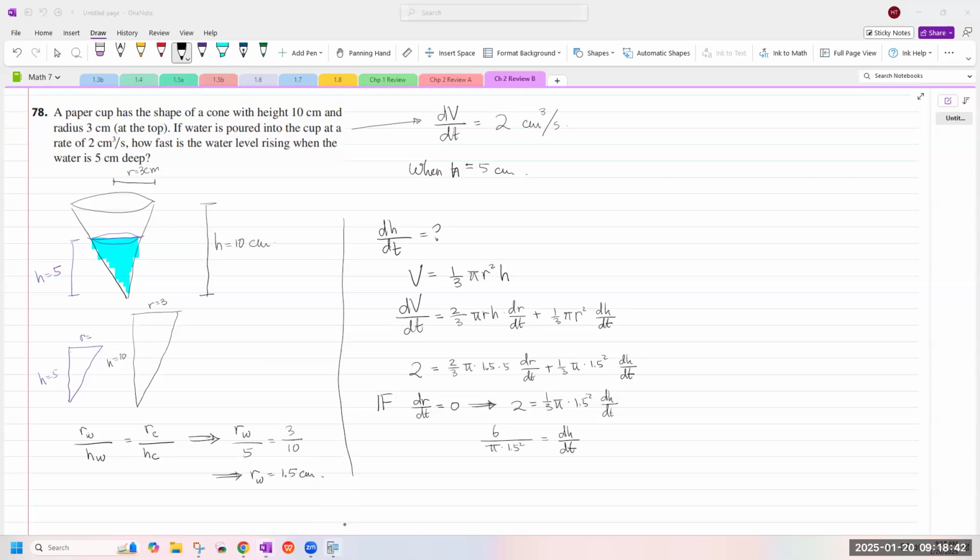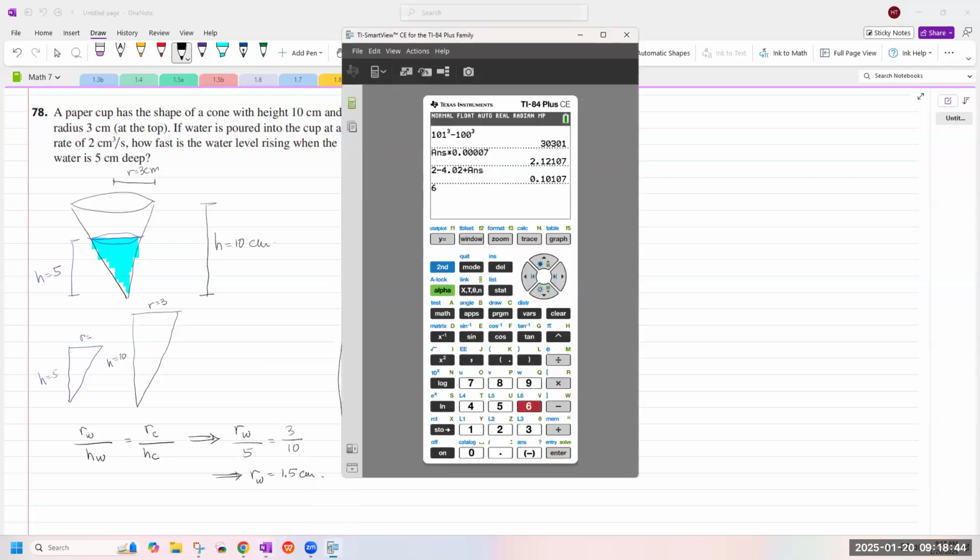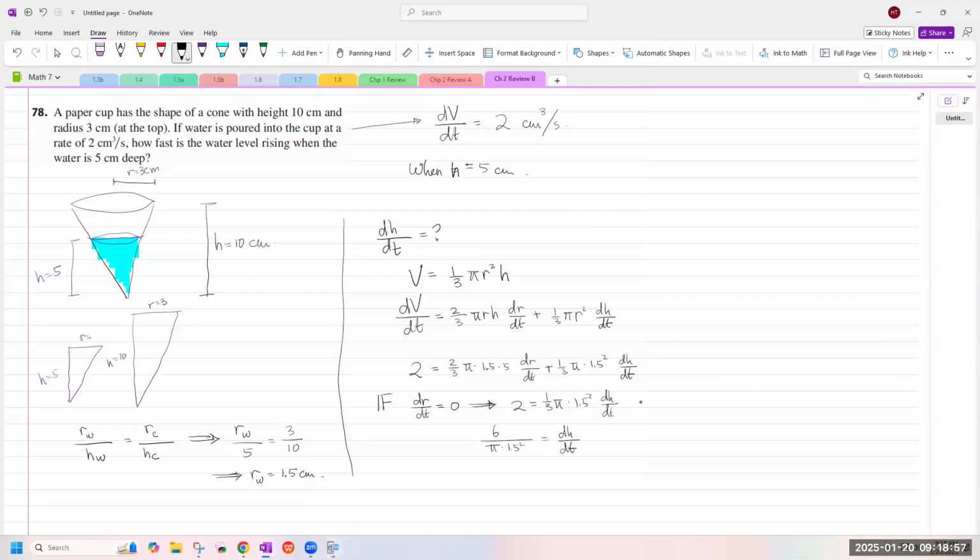Okay, let me use the calculator to compute that. 6 divided by parentheses pi times 1.5 squared. So 0.84883. 0.84883 centimeters per minute.